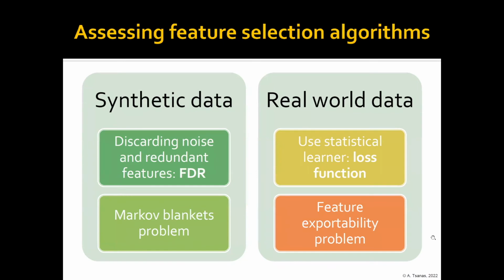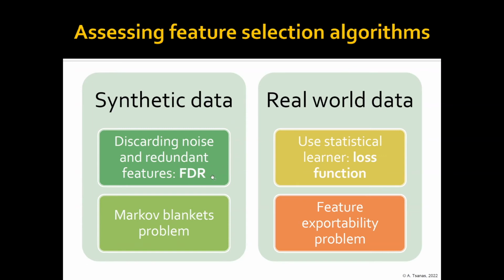So far, I've provided an overview of different algorithms and how I tried to come up with something that made sense to me based on information theoretic concepts. Let's talk about how you can assess the performance of feature selection algorithms. The way to do it is either to work with synthetic data, where you know the ground truth. In that case, we have what we call the false discovery rate.